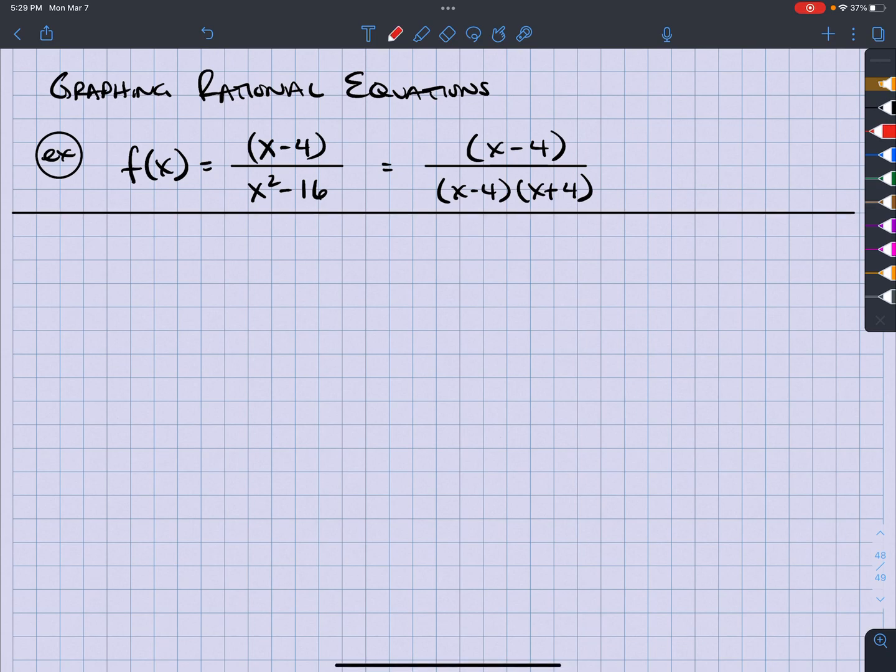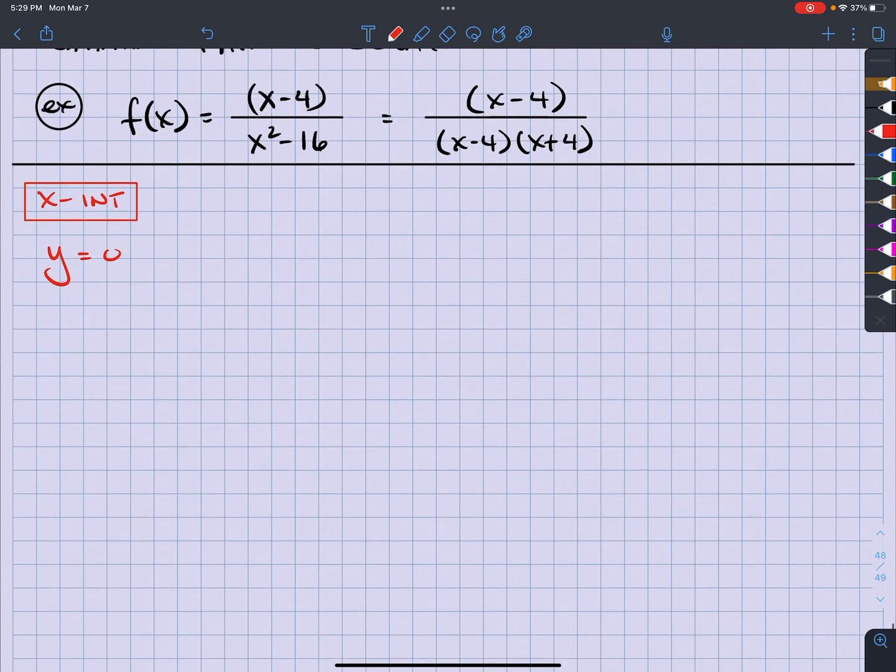So here we go. We're going to first find the x-intercept. What do we know about the x-intercept? What we know is that y is equal to 0. The only way a fraction is equal to 0 is if the numerator is equal to 0, right?